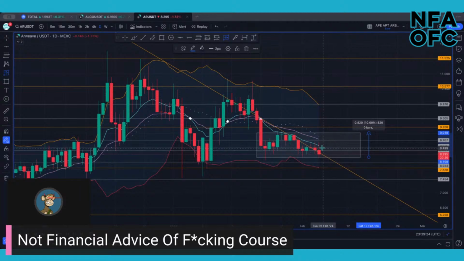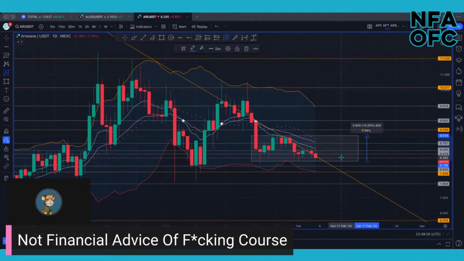We can see we're still going down. It's very much possible that we're going to get our curve somewhere in here. It's already gone down.